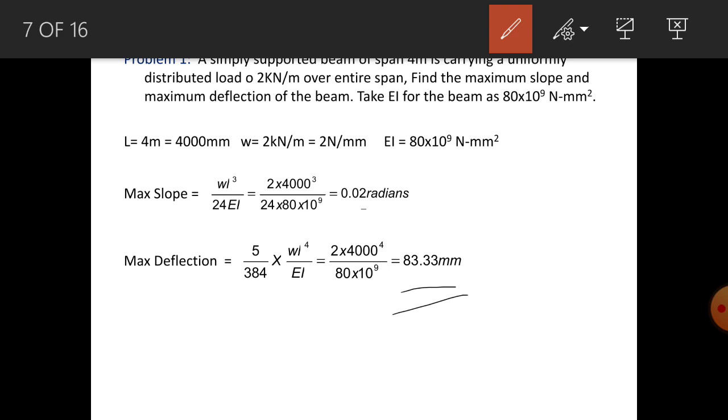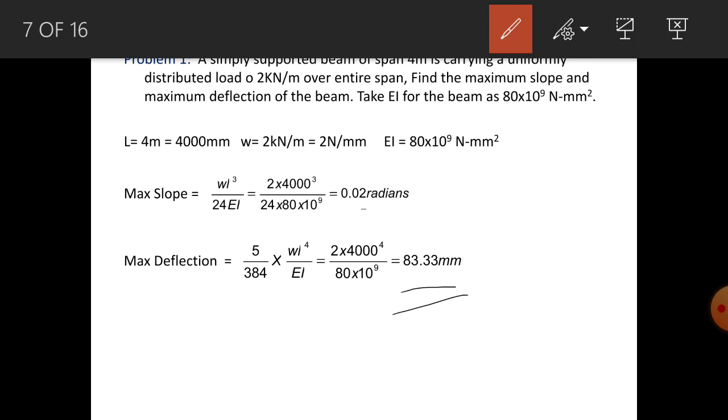Maximum deflection is nothing but, by loading this much of UDL load, what will be the maximum deflection that will occur. But we first have to find out the permissible limit as per the Indian standards, what deflection we can allow on a beam of 4 meter span.